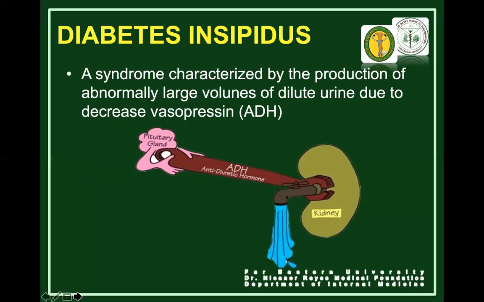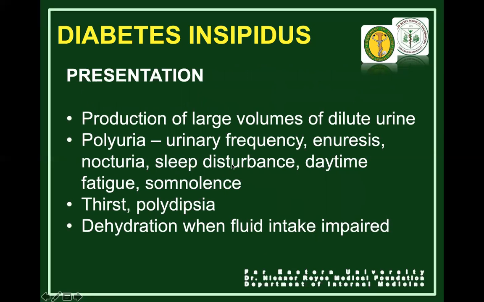So what happens here is that you have a large volume of urine because your ADH is lacking. If you don't have antidiuretic hormone, then you can have a lot of urine or fluid losses in your kidney, and the urine is very dilute.